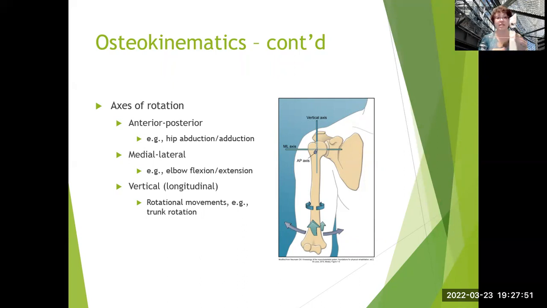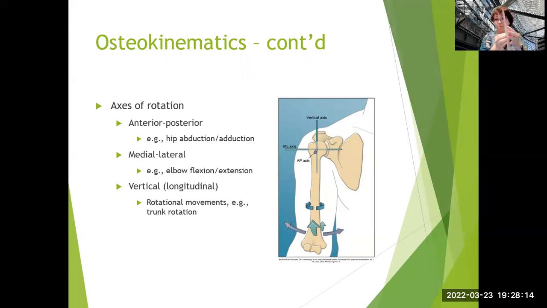If things are moving in the frontal plane, they are moving along the anterior posterior axis. If things are moving in the transverse plane or the horizontal plane, it's a vertical or longitudinal axis.